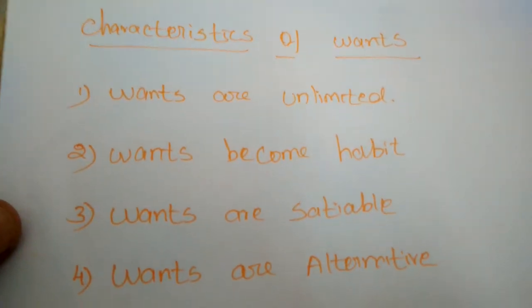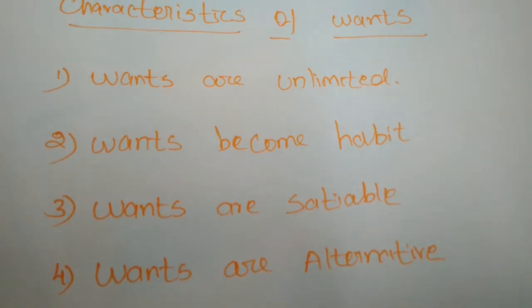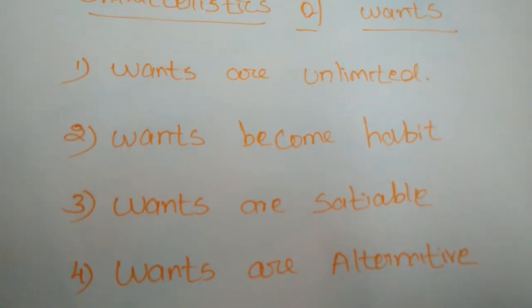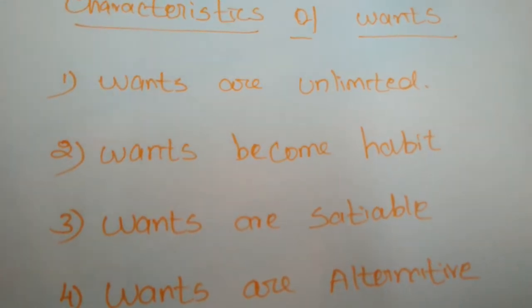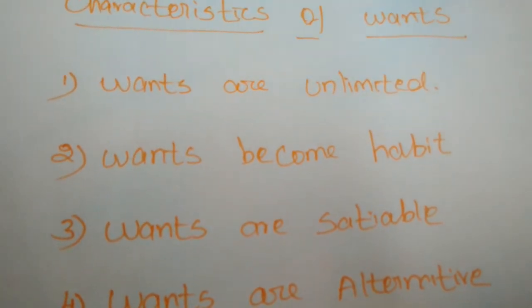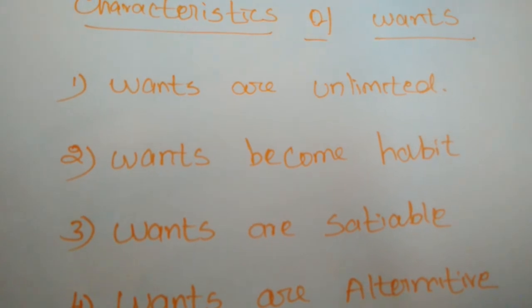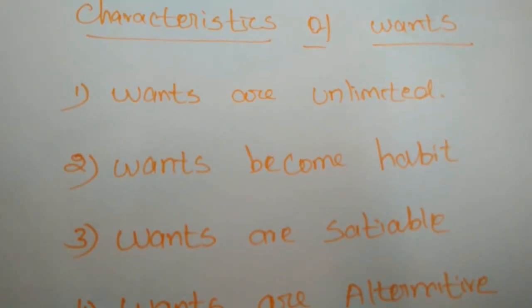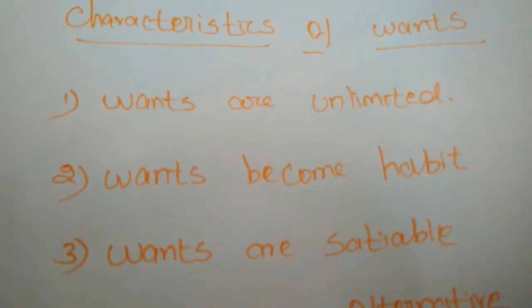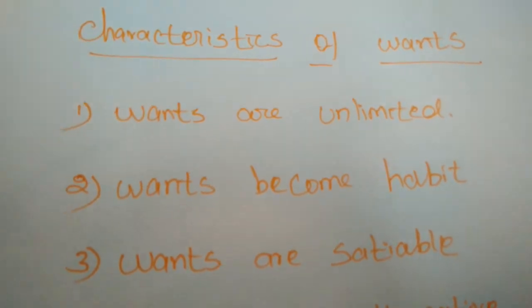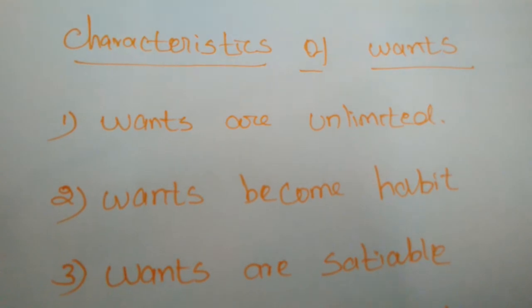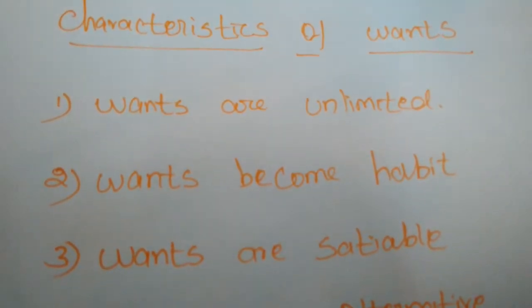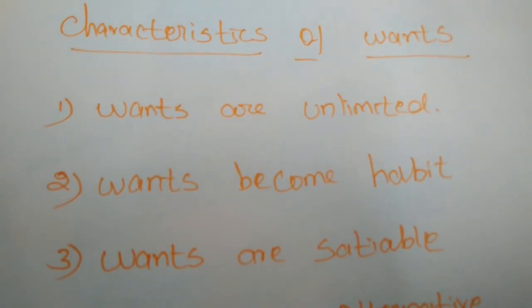Now you want to purchase a normal mobile and you got it and you are satisfied, so will your wants stop? No. Again you will want to purchase an Android mobile or a new version mobile. Like that our wants arise again and again. So our wants are unlimited.